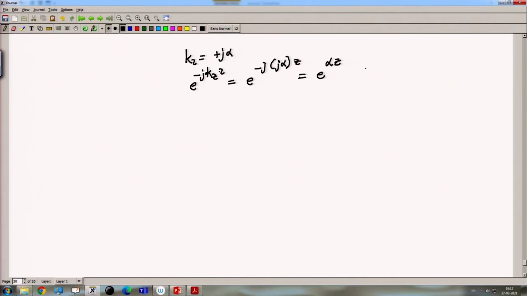So, which represents wave increase along the z direction, which is not possible. So, we forsake this choice.